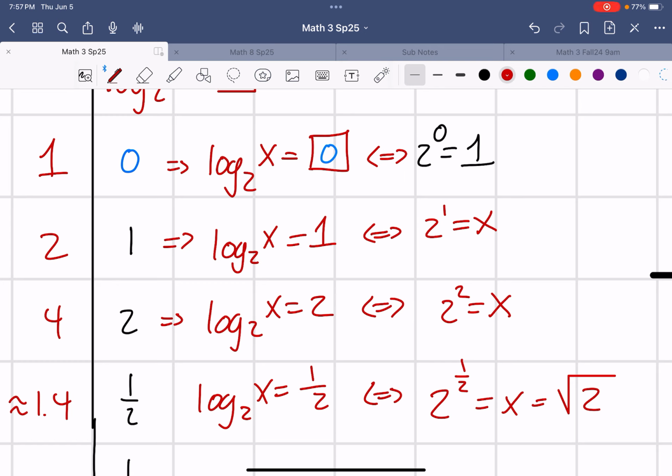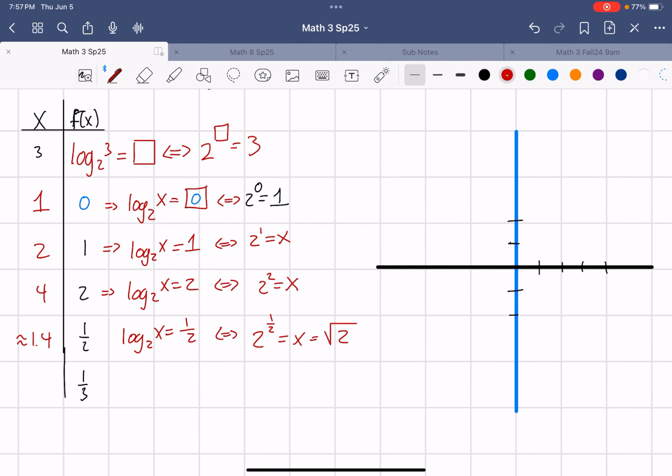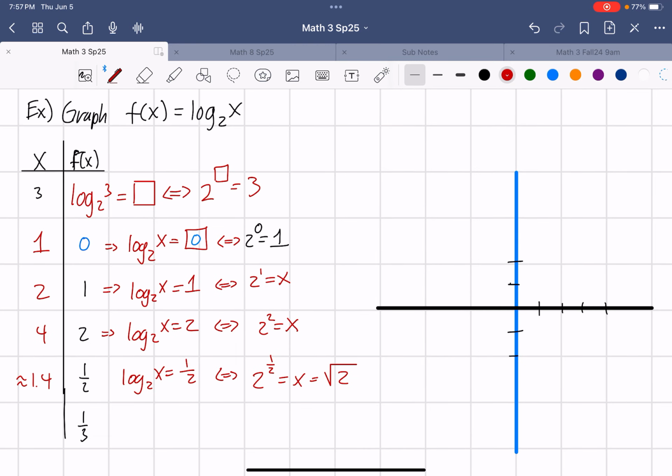Let's see what it looks like so far with the numbers we have. So we start by saying we know that this cannot be equal to 0.